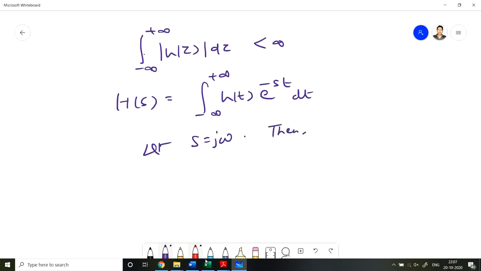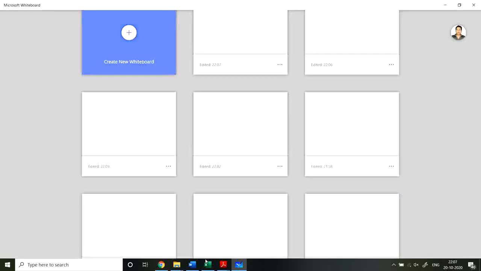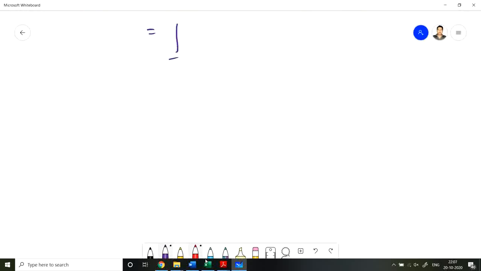Then we can write modulus of H(j omega) equals modulus of the integral from minus infinity to plus infinity of h(t) e raised to the power minus j omega t dt, and that is less than or equal to the integral from minus infinity to plus infinity of modulus of h(t) e raised to the power minus j omega t dt, and that is equal to the integral from minus infinity to plus infinity of modulus of h(t) dt, and that is less than infinity.